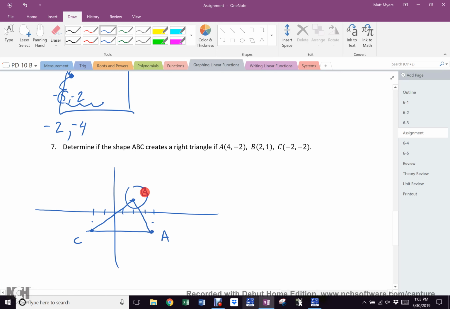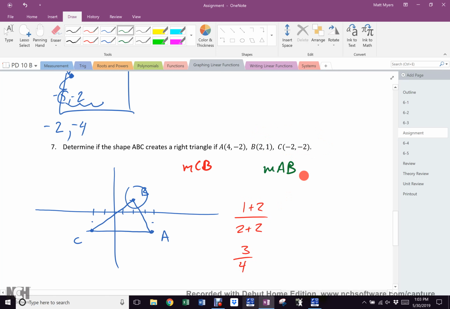So, where do I have to check? I got to check the slope of CB and the slope of AB. What is the slope of CB? I check it right there. 1 plus 2 over 2 plus 2, 3/4.